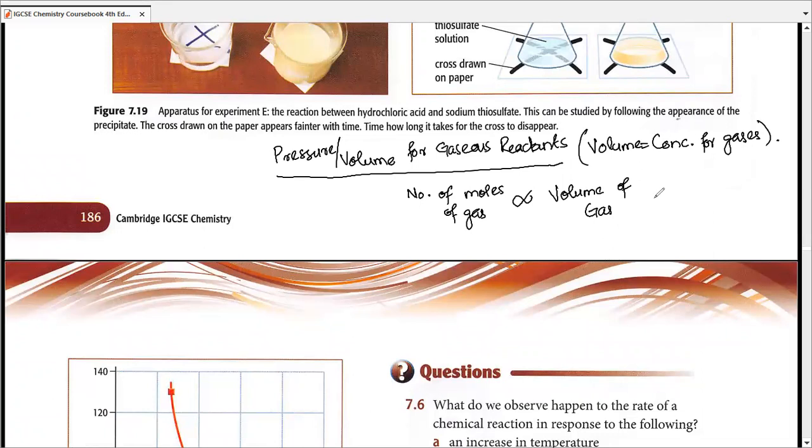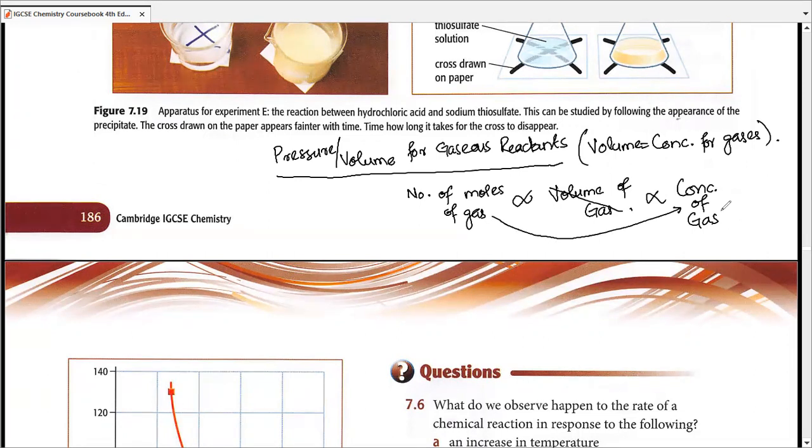So since we're talking about this, and this actually goes for concentration, I think it's better to relate these two. Take this one out. So the number of moles of gas is like the concentration of gas. If you understand this point, I hope you clearly understand that the more moles of gas we use, the higher the concentration of gas we'll have.